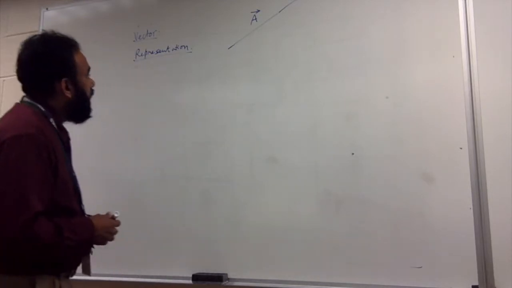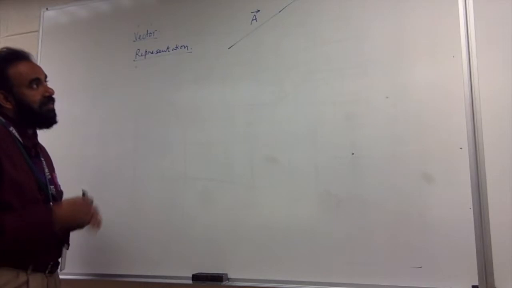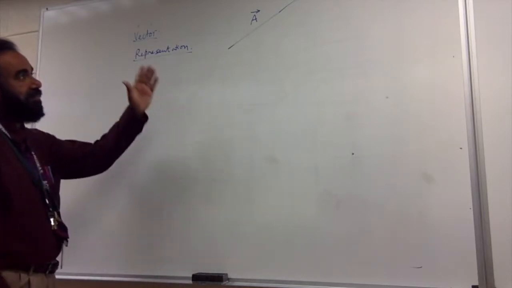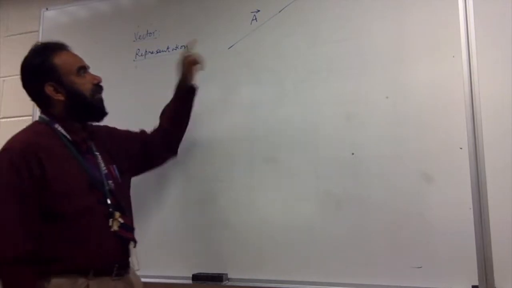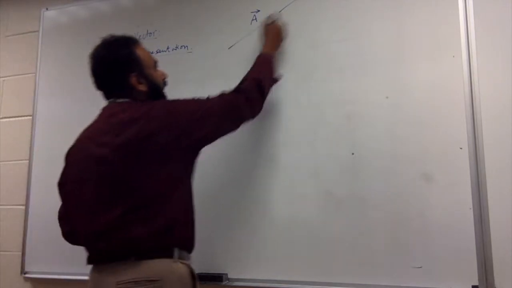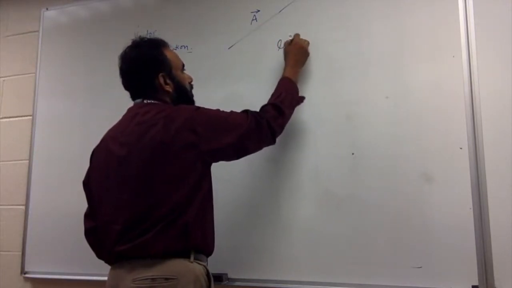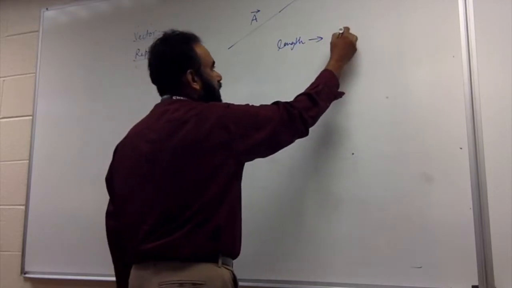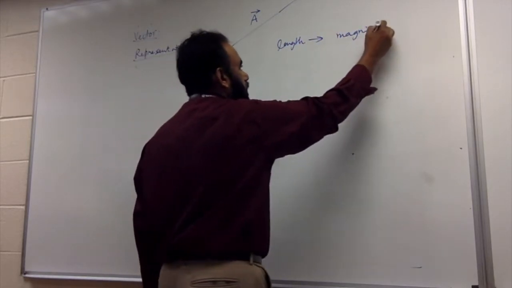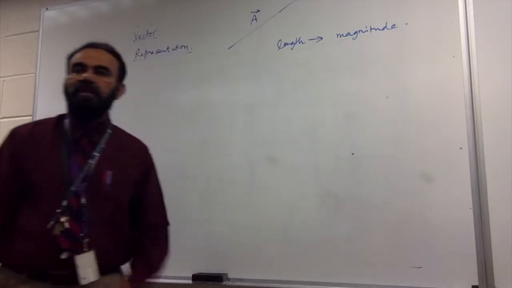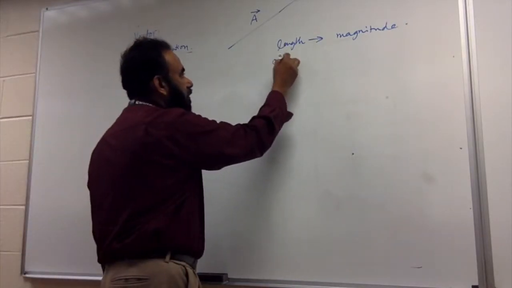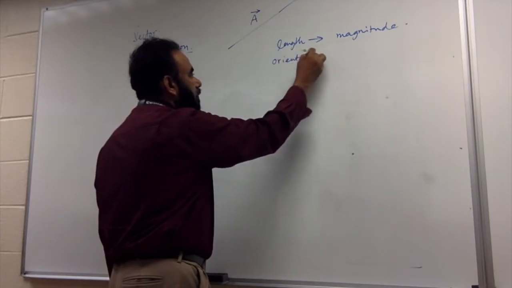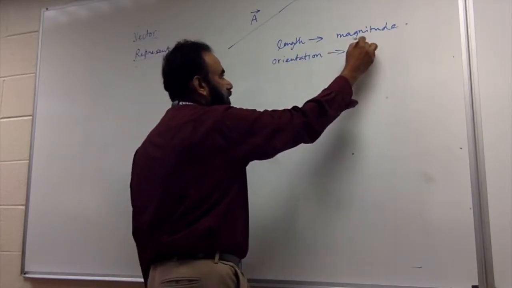So the vector representation is a letter with an arrow on the top, and the length of this arrow represents the magnitude. The length of the arrow should represent the magnitude, and the orientation is what tells you the direction.